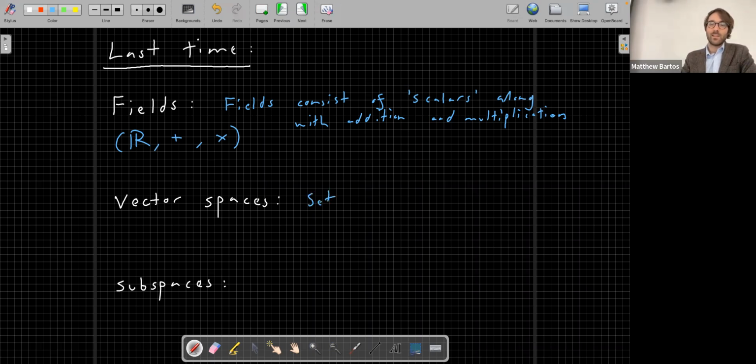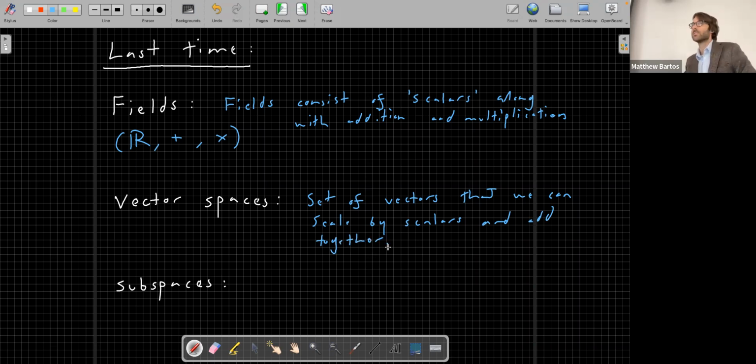So it's a set of vectors that we can scale by scalars in our field and add together. And what are some examples of vector spaces that we talked about? The real number line, along with conventional addition and multiplication.